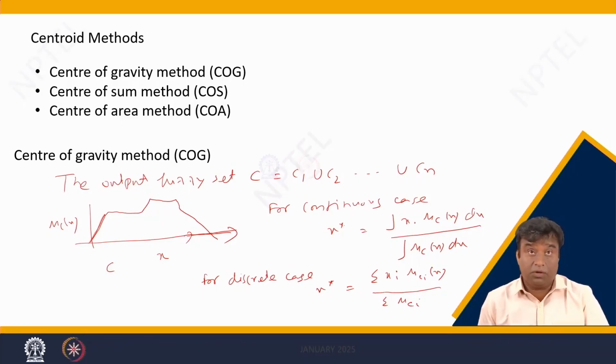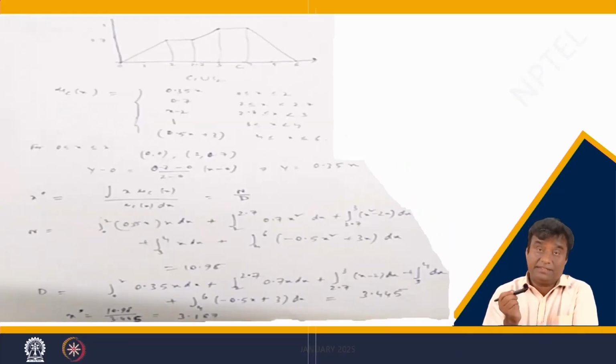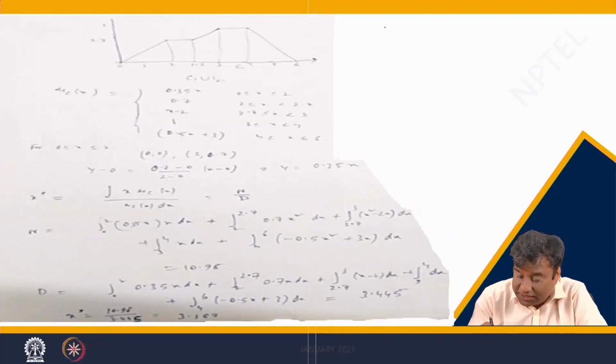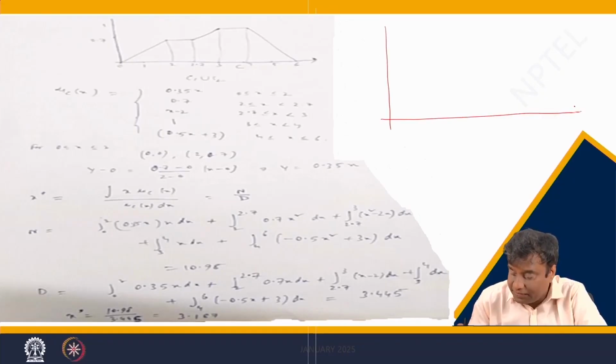So we'll try to understand this concept by using one example. Suppose this fuzzy set represents C. Here the points are 0, 2, 2.7, 3, 4, 5, 6. From 0 to 2, the value rises to 0.7.